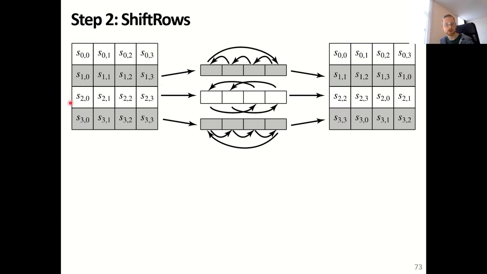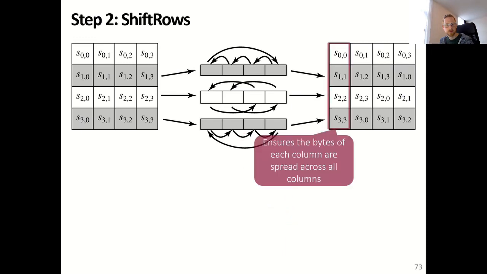Same thing is done on row 3, where the position is changed by 2, and row 4, where the shift is done by 3 positions, which corresponds to a single shift to the right. So the result of this shift rows operation is that all the bytes in each of the 4 columns will be spread across all of the columns.